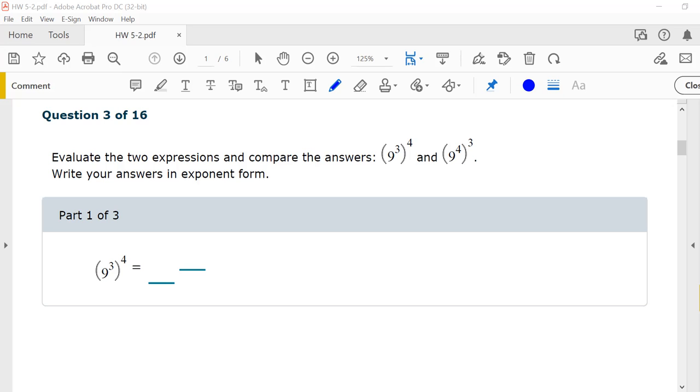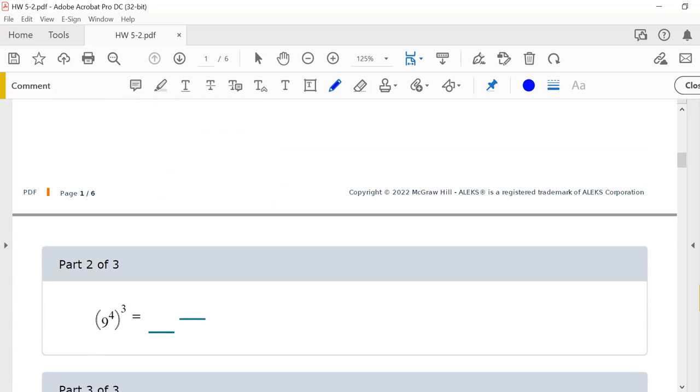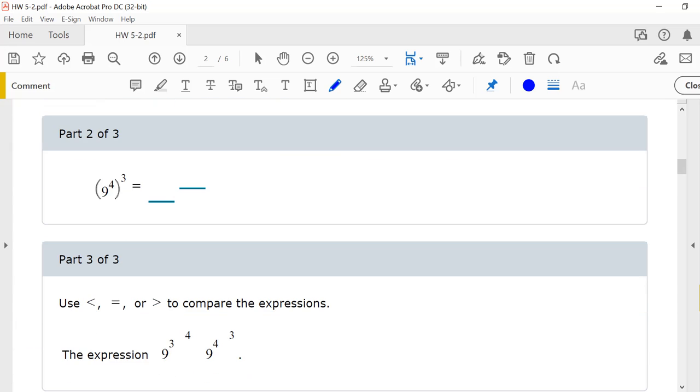Okay, evaluate the two expressions and compare the answers. The first thing we're going to do is 9 cubed to the 4th. So that's going to be 9 to the 3 times 4, which is 9 to the 12th. Second thing we're going to look at is 9 to the 4th cubed.